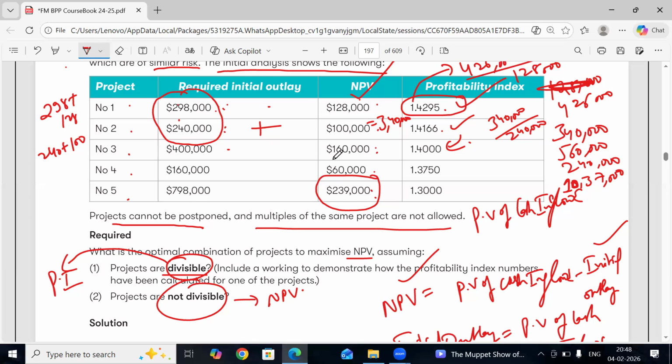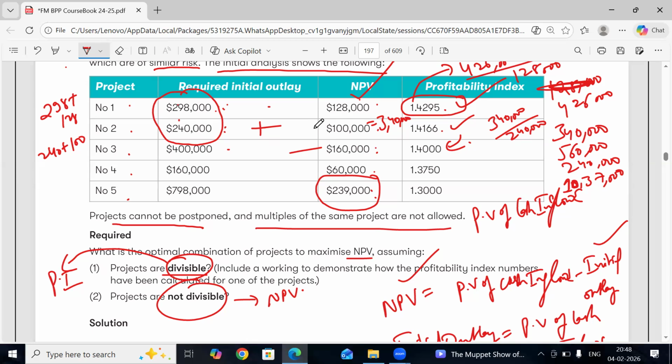The second one is not divisible, we have to take NPV only. Next, if I take up the rankings, the next goes for project number 3, and then project number 1.